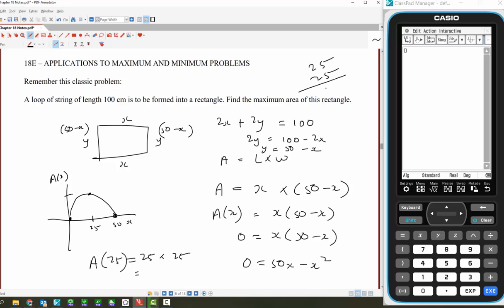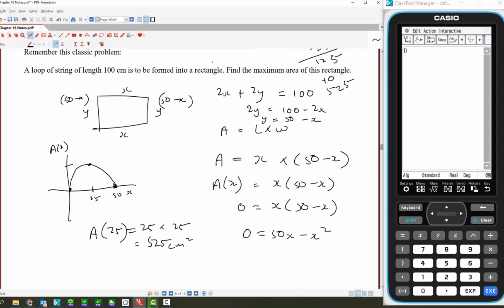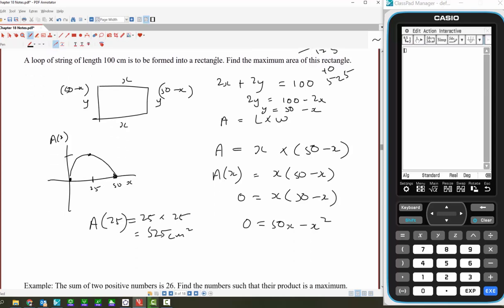Should know this. 525 centimeters squared. So that's the maximum area we can produce when x is equal to 25.